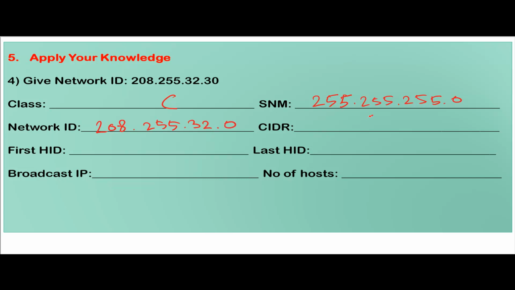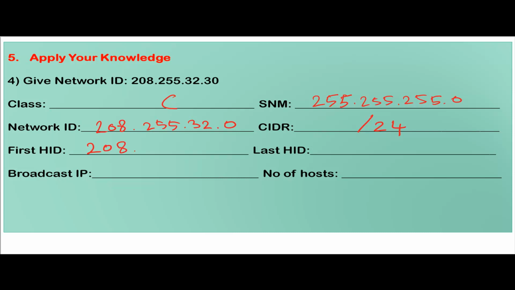The CIDR value is the number of bits available in the network part. 255.255.255 means 8 bits, 8 bits, 8 bits, so this is going to be 24. So the CIDR value is /24.